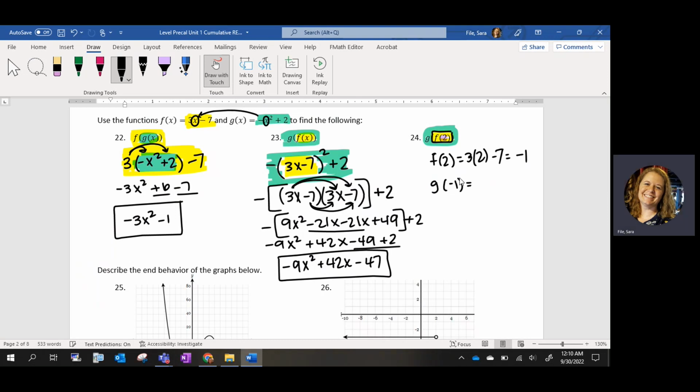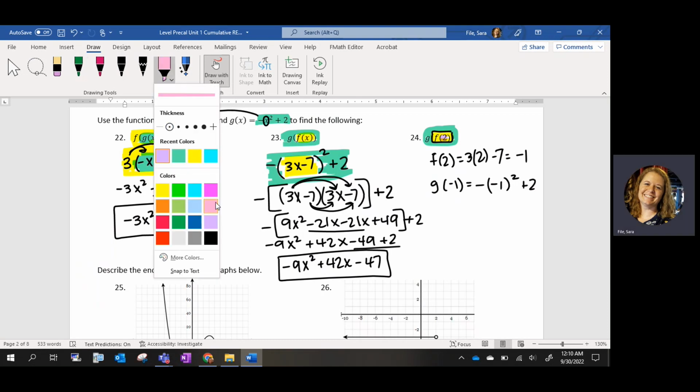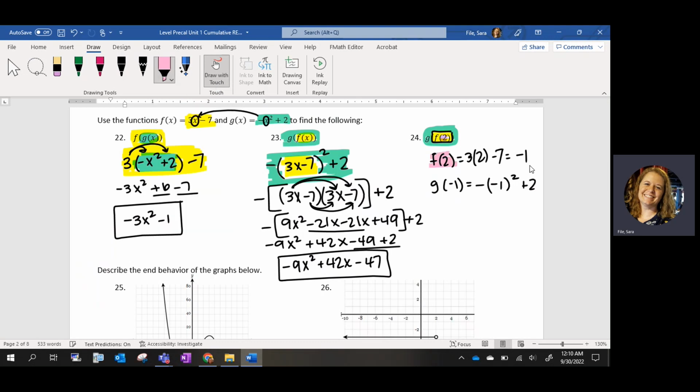So I'm going to go to the g function and I'm going to input that -1 because f of 2 came out to be -1. So that got plugged in there because that's the input. So -1 squared is +1, but then you've still got this negative outside. And then that +2, so that comes out to just 1.